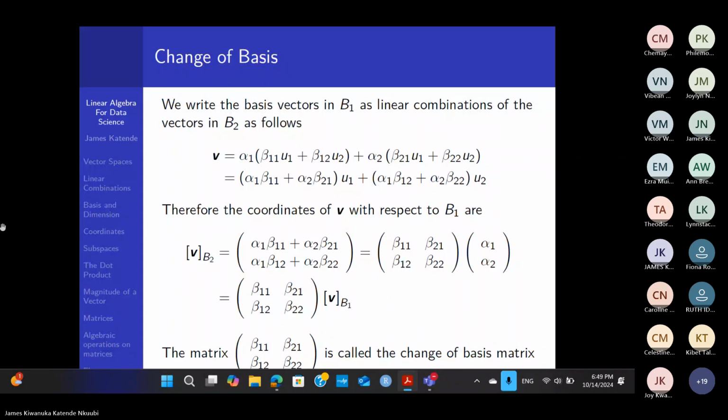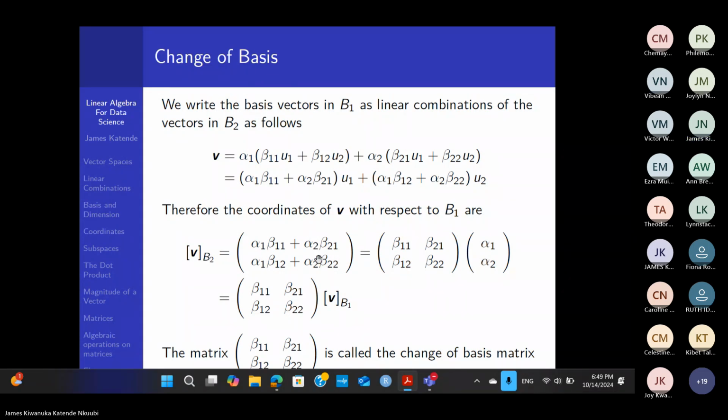That is simple algebraic manipulation, should not be hard for you to do. So that now we've been able to write this same vector V as a linear combination of U1 and U2. But now these two values, this first value and this second value, make up the coordinates of V with respect to the basis B2.